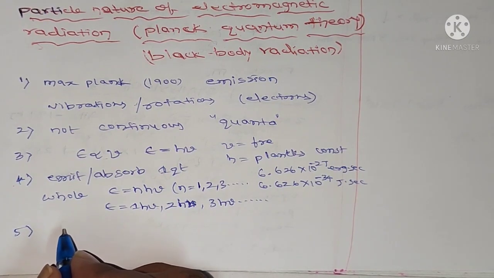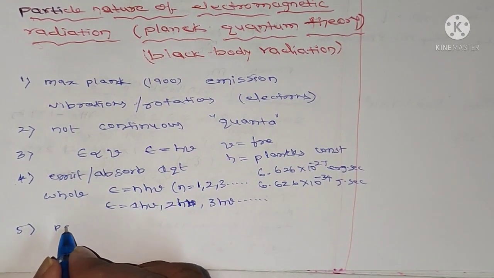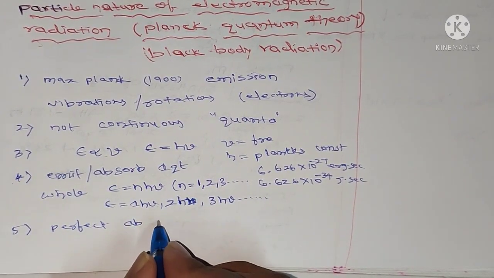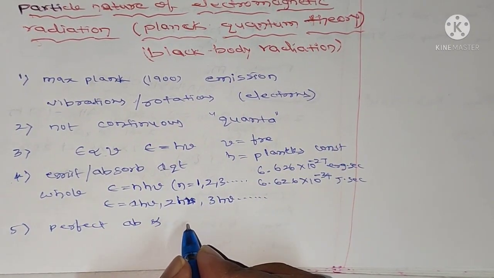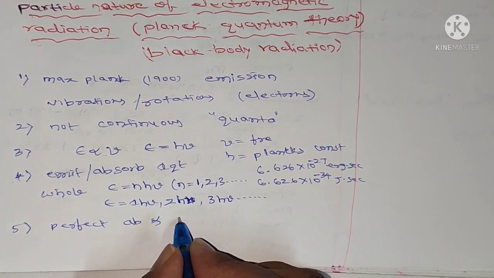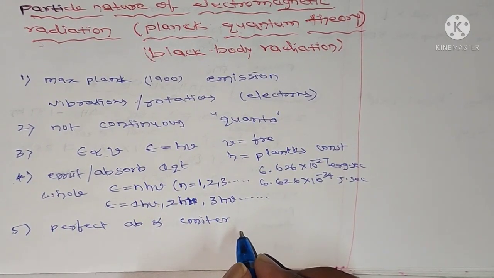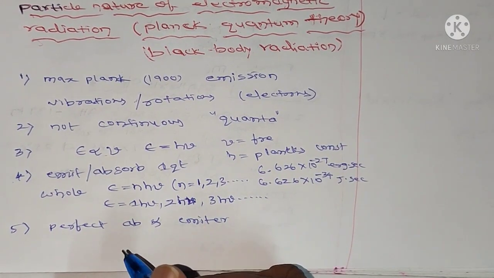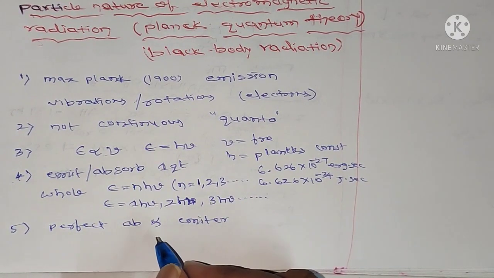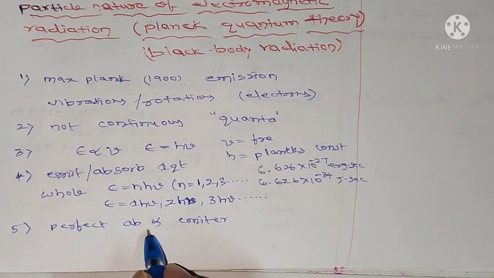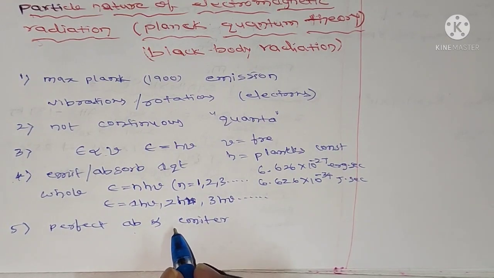A black body is a perfect absorber and also a perfect emitter of radiation.